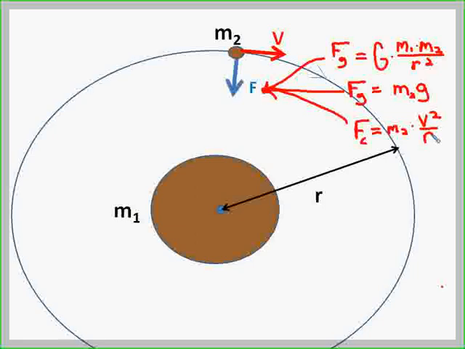So we have 3 different formulas for calculating that inward force, that F. Since those 3 forces are one in the same, guess what we could do with the 3 expressions on the right side of the equation?